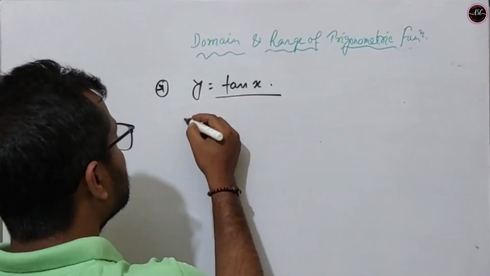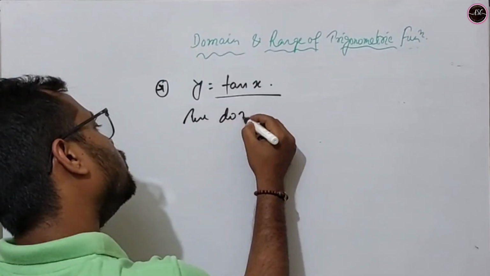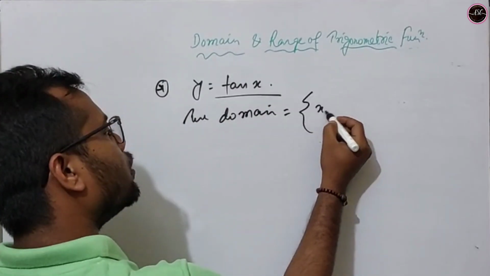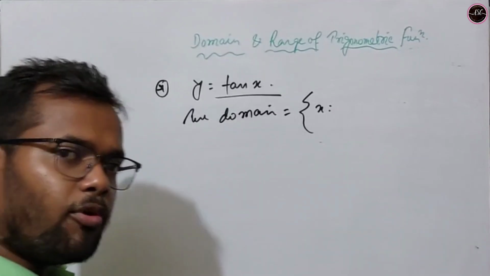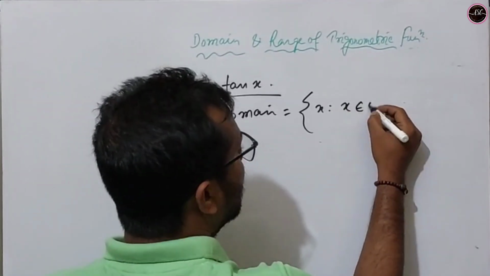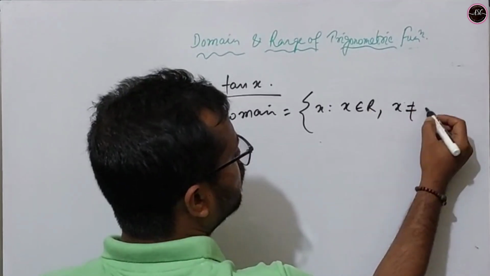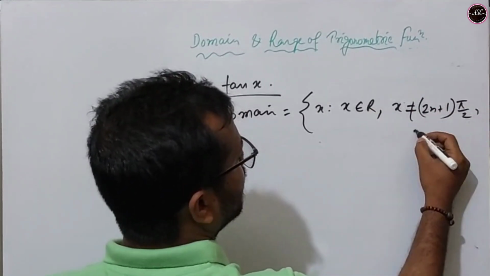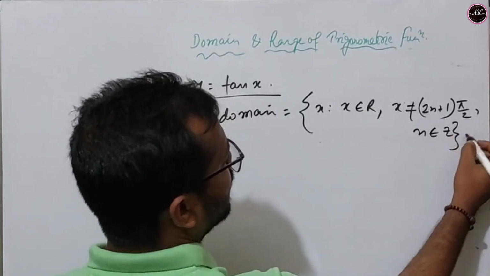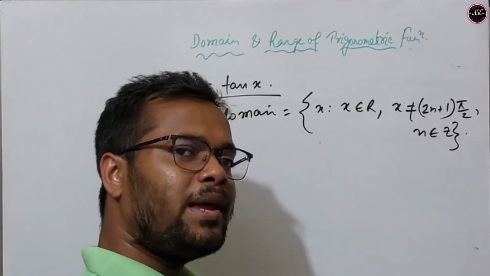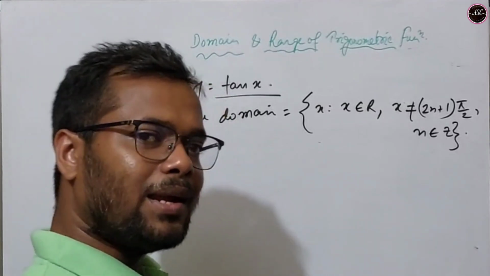We have seen the domain equal to x for all x belonging to R and x not equal to (2n plus 1) times pi by 2, n belongs to Z. This is the domain, meaning where x is defined.